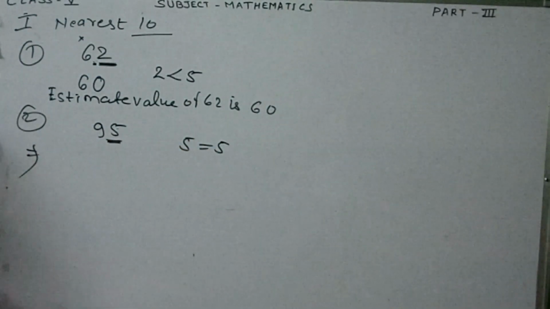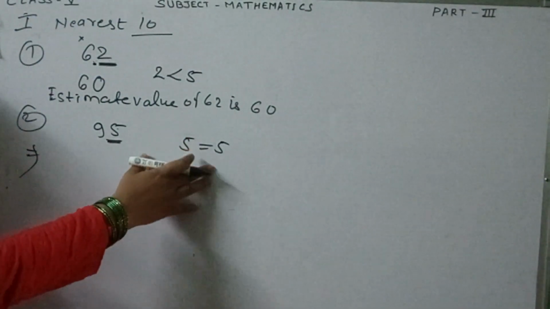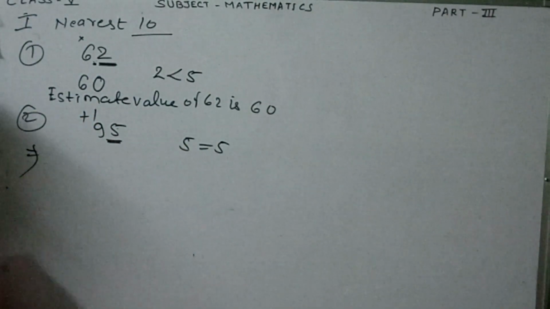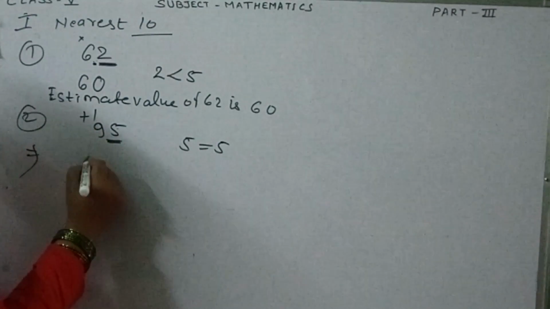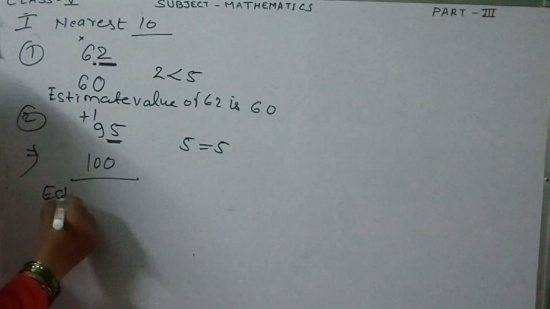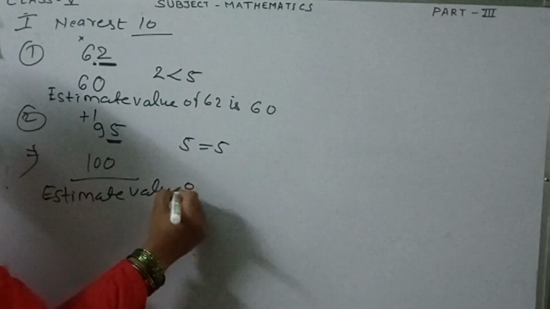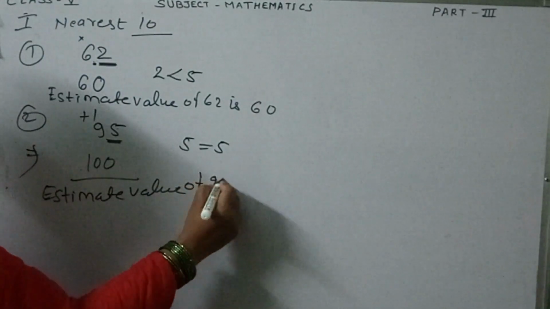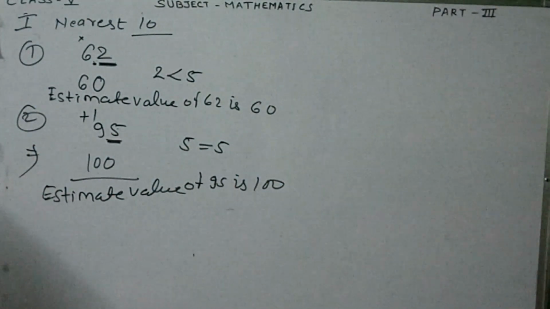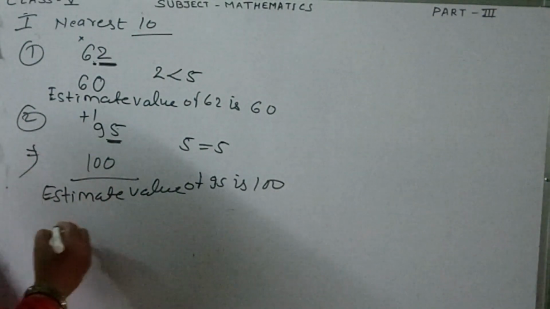And what I told, if any number is equal to 5 or greater than 5, then you have to plus 1 to the next digit, and here 9 plus 1 is 10, and this one will be 0. The estimate value of 95 is 100.